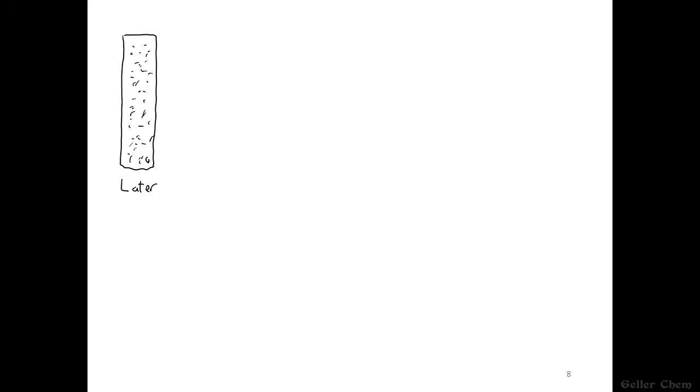And at this point, the two solutes have separated from each other and the bands of solutes have spread out. So let's say A is retained by the column longer than B. And A is what we are representing as just a dark band.